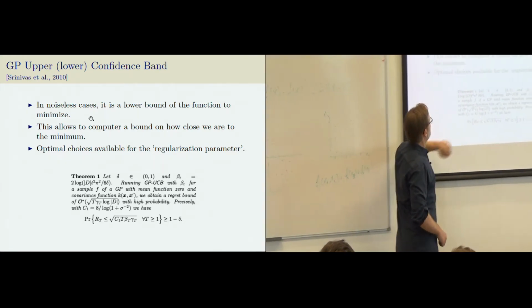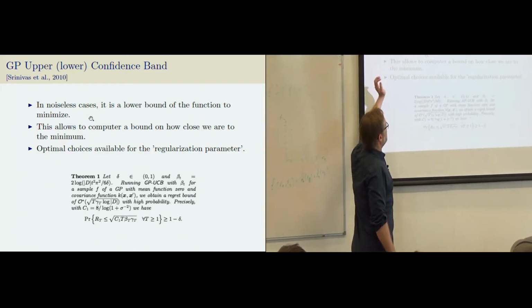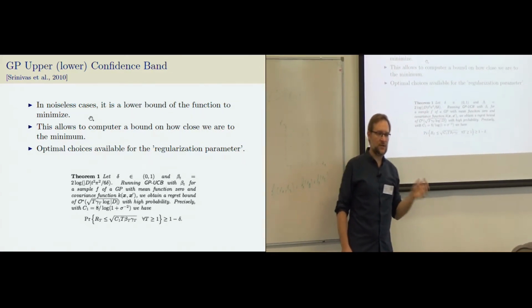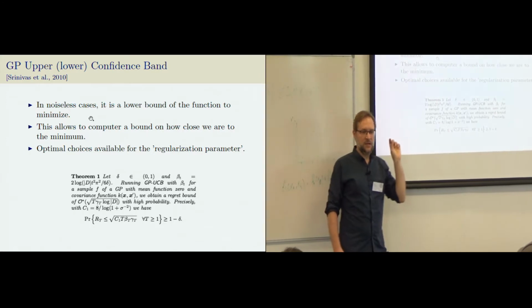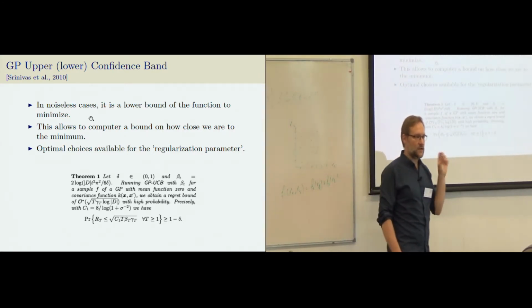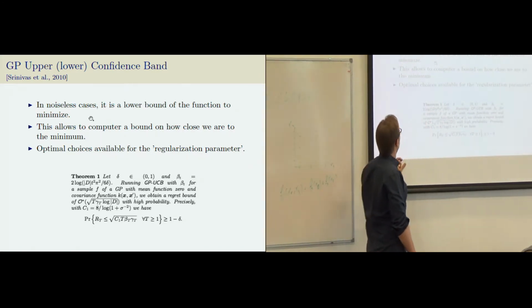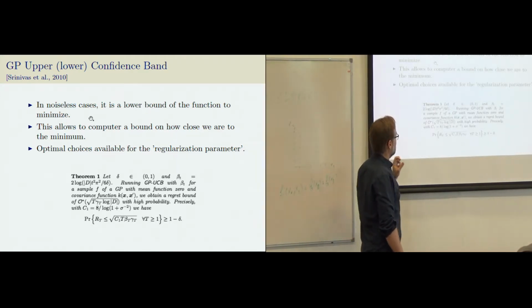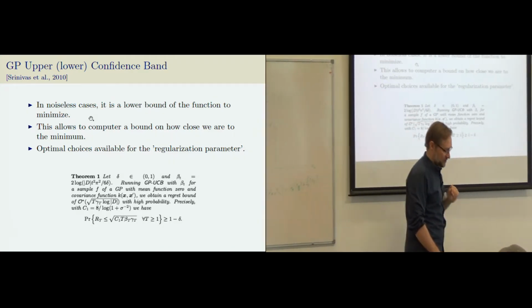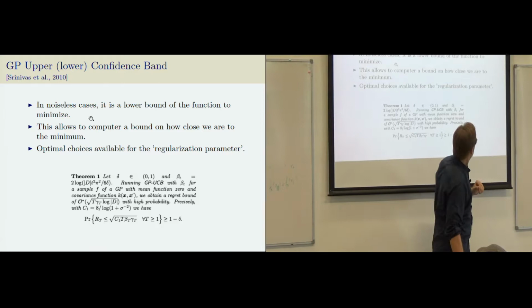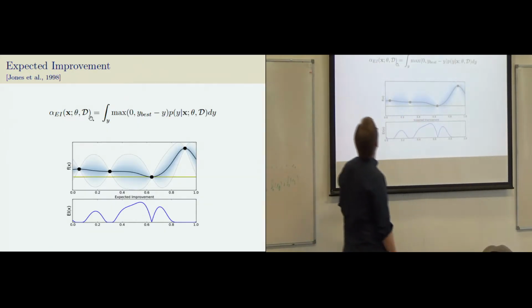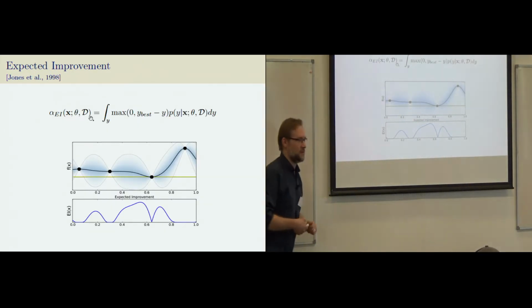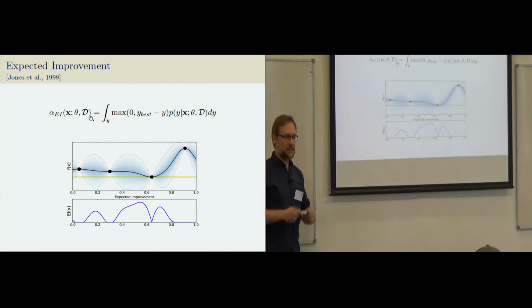So this is the theorem. It requires noiseless evaluation. As soon as you have a noisy objective function, the theory is not going to hold, but you can do a lot in the theoretical domain with it. Okay. So another acquisition function, probably the most popular one, is the expected improvement.